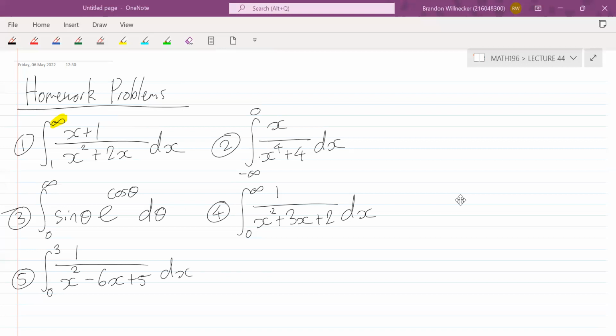And then through this comparison, we can see if our more difficult integral converges or not. Okay, so we will be doing that on Monday.